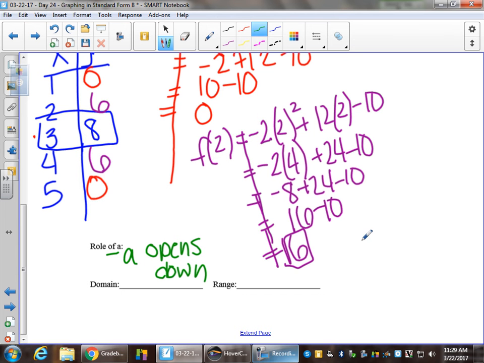Why is it more wide? What do we always ignore when we're doing the role of A? The sign. So instead of -2, we're just going to have 2. Is that greater than or less than 1? Greater than 1, which means more narrow.